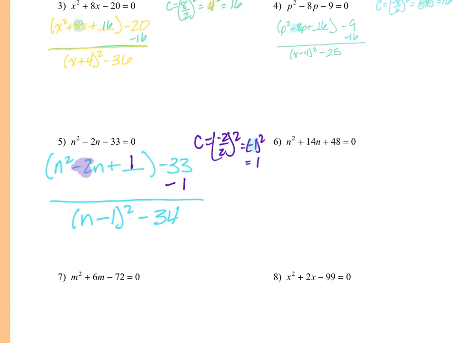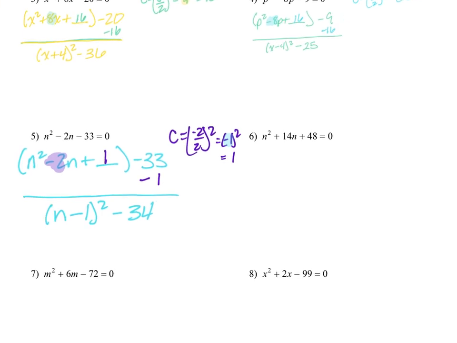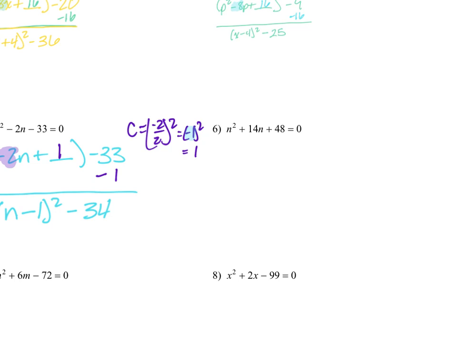Okay, and then the next one, same thing. I'm going to make n squared plus 14n plus some number plus 48, right? So that number has to do with this number. I'm going to find that out.